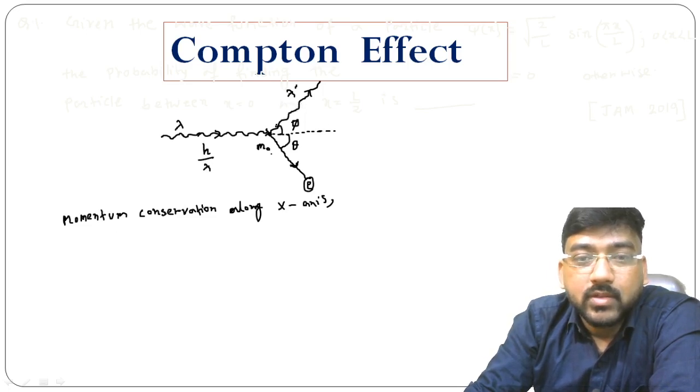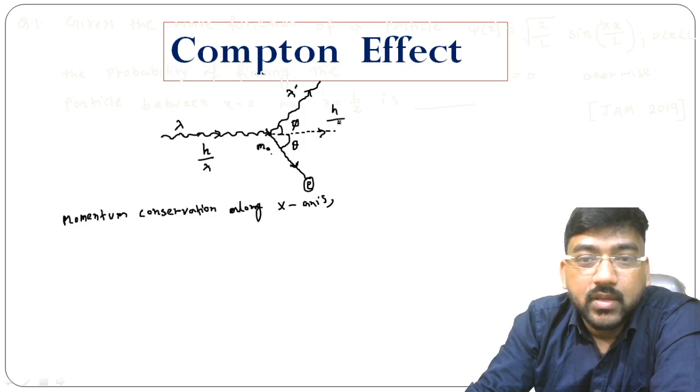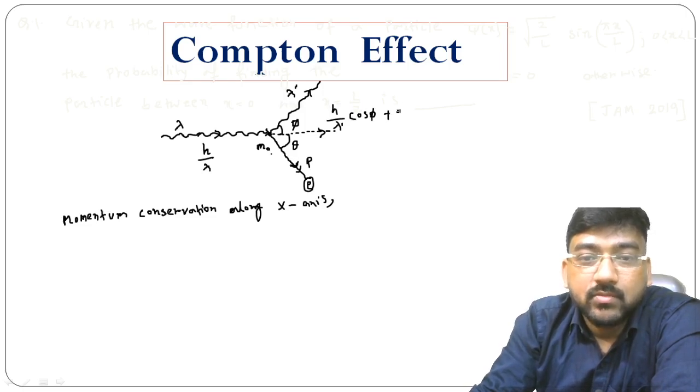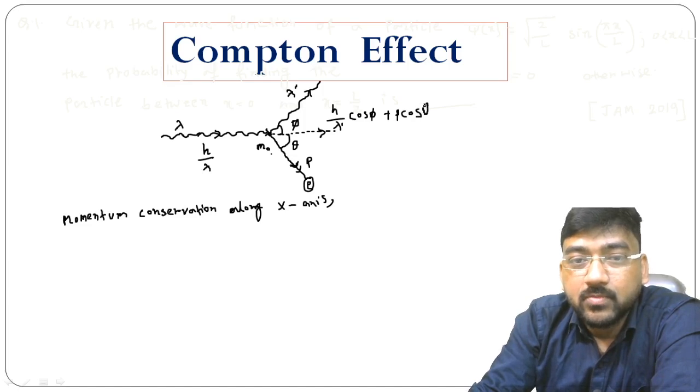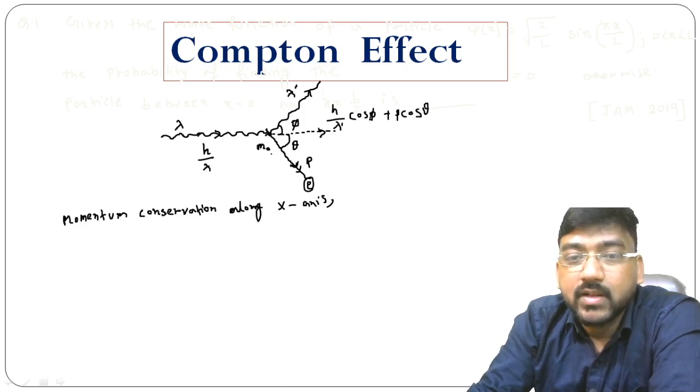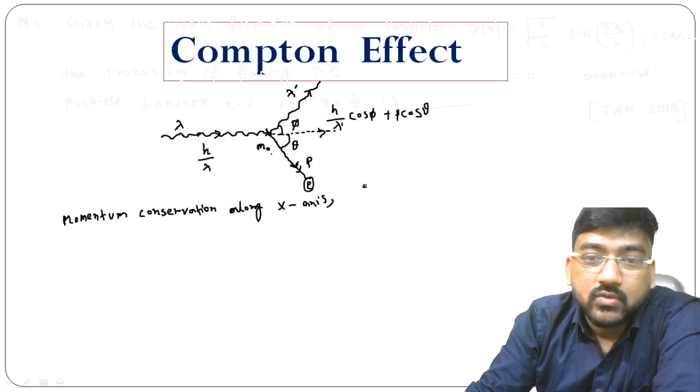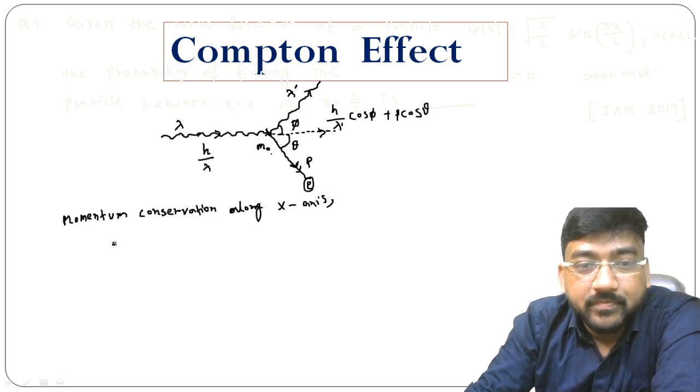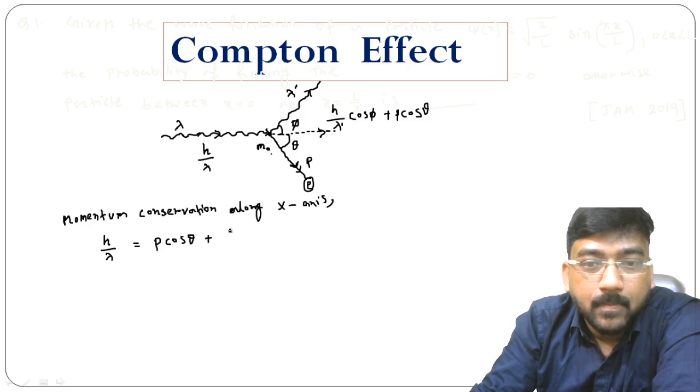After scattering, the momentum of the scattered photon of wavelength lambda dash along the x-axis will be h upon lambda dash into cos phi, and if the momentum of the electron is p, then in this direction it will be p cos theta. So initially it is h by lambda and later it is h by lambda dash cos phi plus p cos theta. So we can write h upon lambda equal to p cos theta plus h upon lambda dash into cos phi.